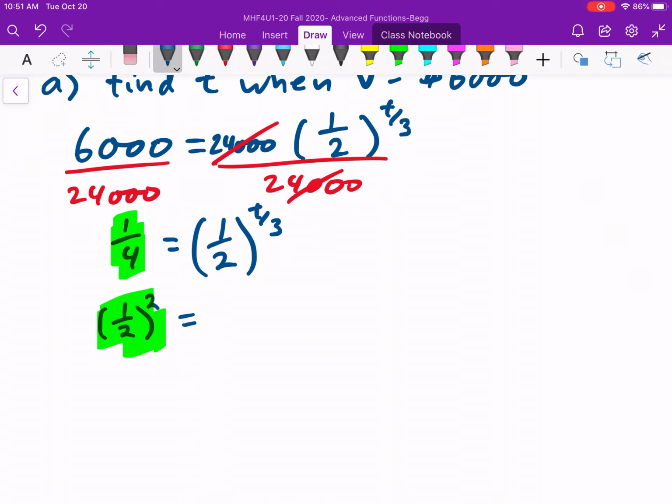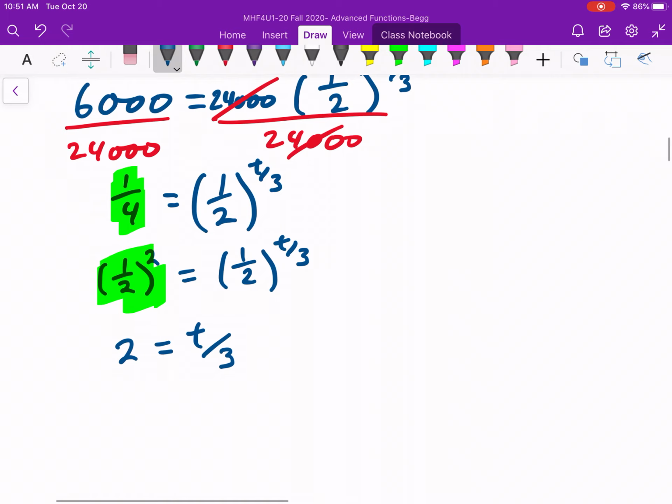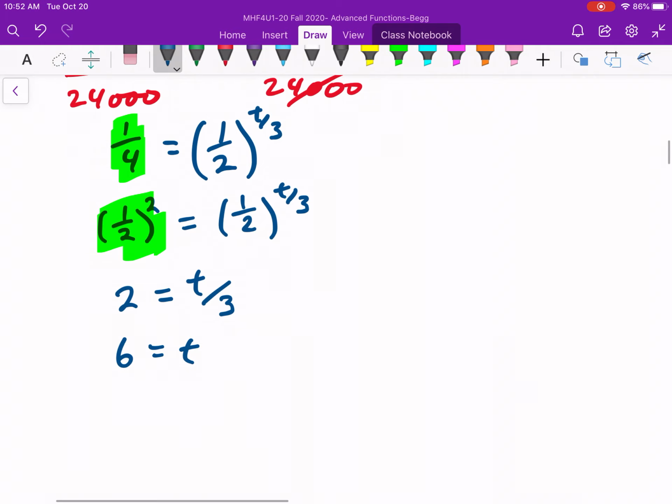Those are equivalent. Now I've got the same base, and that means that I can just set the exponents equal to each other. That means that 2 has to be equal to t over 3. And then if I multiply both sides by 3, then t has to equal 6. So that was just using common bases.